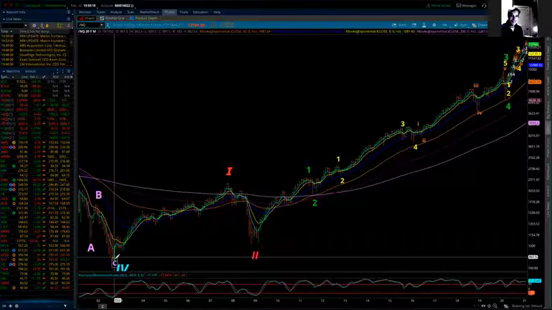But as you do, understand that they're building blocks: a sub-minuette wave, which can take place over minutes to maybe an hour or so, builds into a minuette, which builds into a minor wave, which builds into an intermediate wave, which builds into a primary wave, which builds into a cycle wave, which then builds into a super cycle wave. So this is important to bear in mind as these rallies just continue.